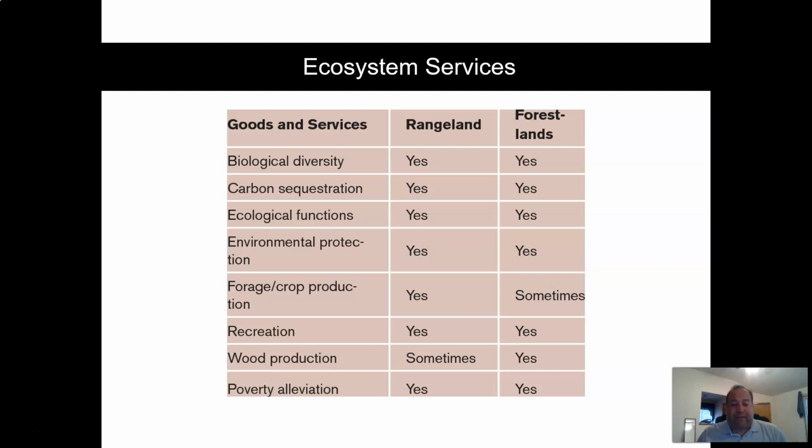They're providing forage or crop production, recreation, and wood production. They're providing poverty alleviation by providing jobs and areas for people to work in. There's all sorts of good things that you can take from rangelands, and there's even more than this.